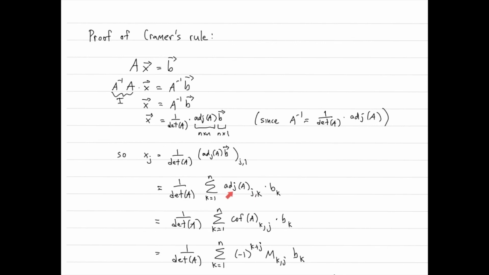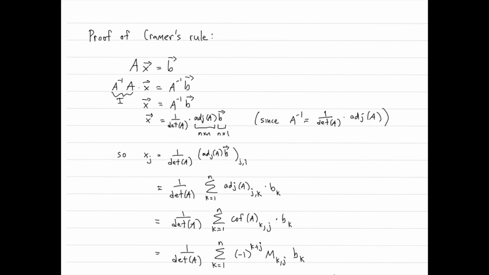Now remember, the adjoint matrix is the transpose of the cofactor matrix. So if I take the cofactor matrix, the jk entry of the adjoint is, I swapped the positions here, so it's kj. That's again what the transpose does, it switches the indices.